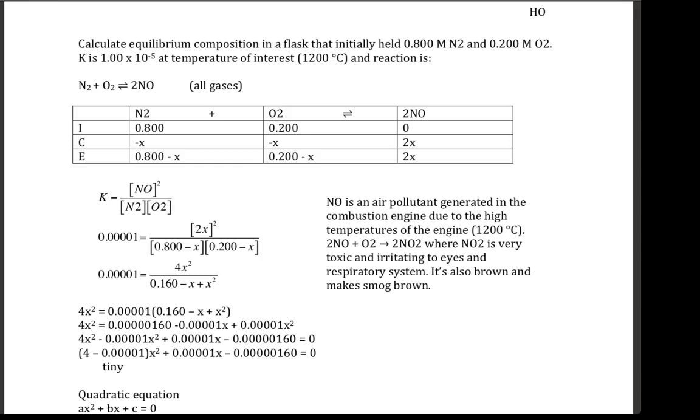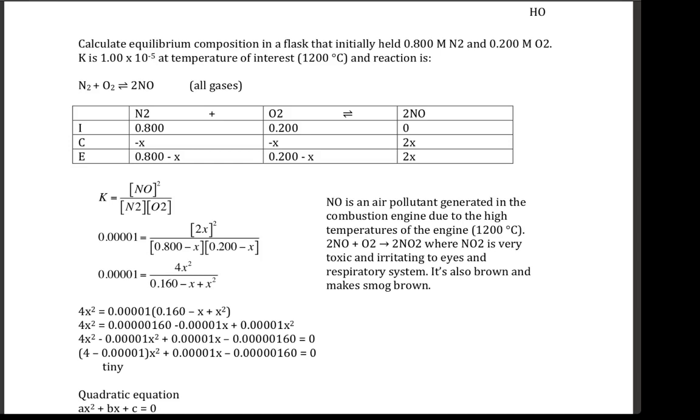Our equilibrium expression is NO squared over N2 times O2. So putting in all of our terms, we have for K the 1.00 times 10 to the minus 5, which when I use equation editor, it's easier for me not to use scientific notation, so I wrote that as 0.00001.